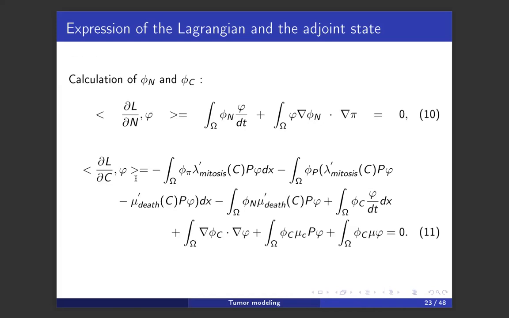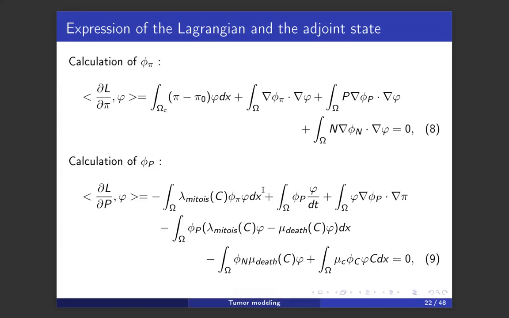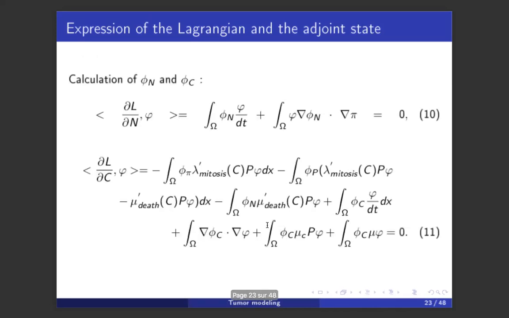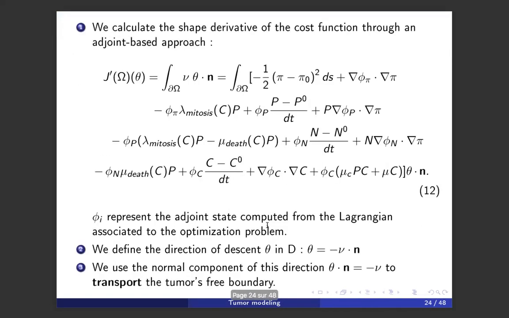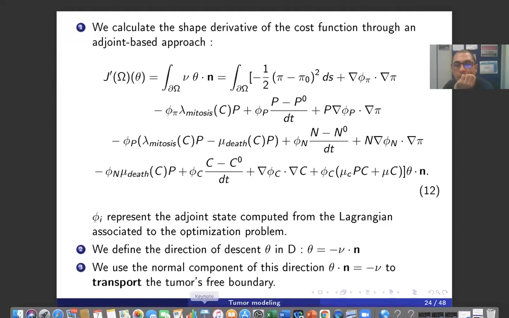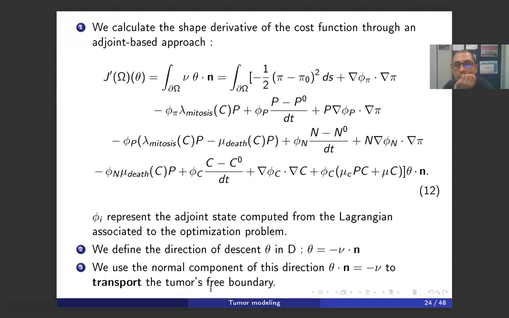And then we obtain 4 equations which permit us to compute all the adjoint variables phi p, phi c, etc. These represent the adjoint state variables computed from the Lagrangian associated to the optimization problem.